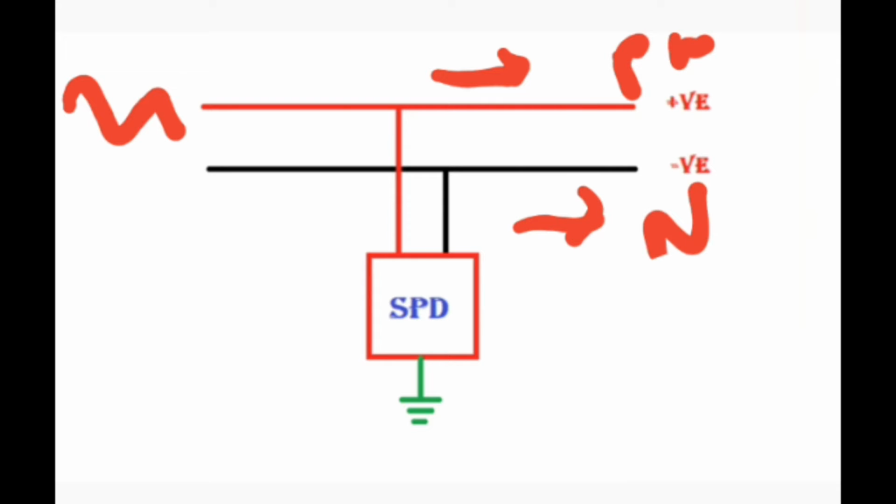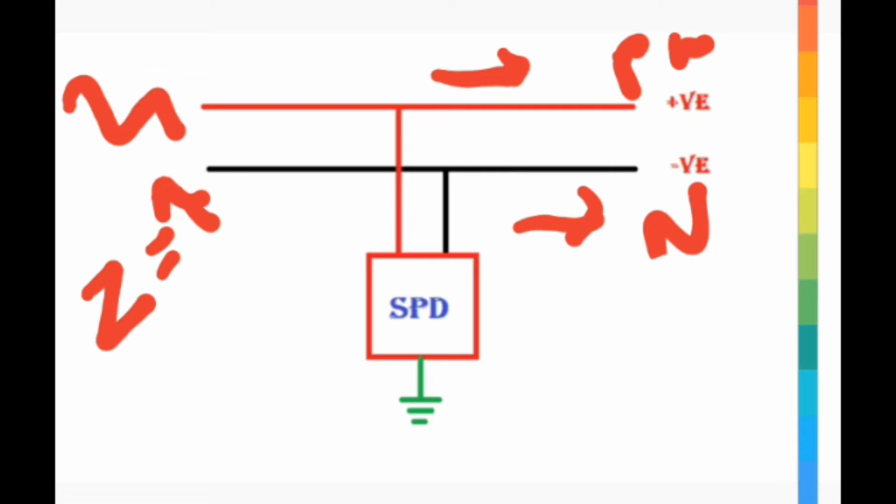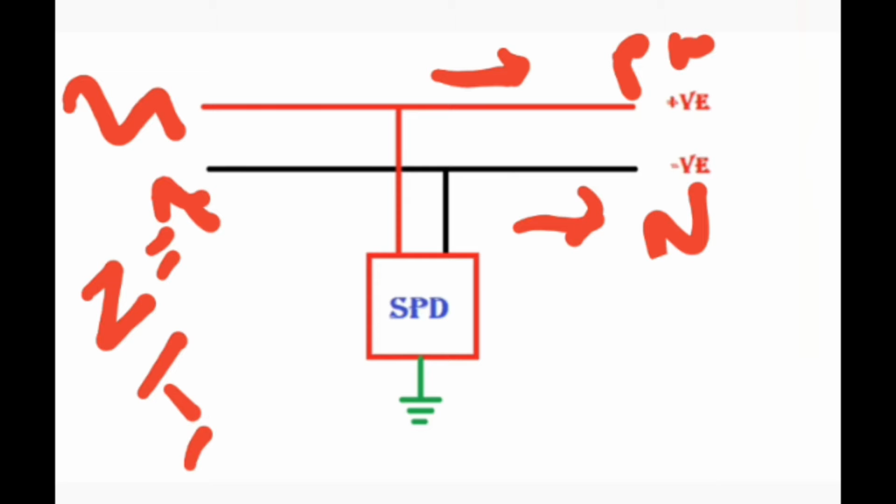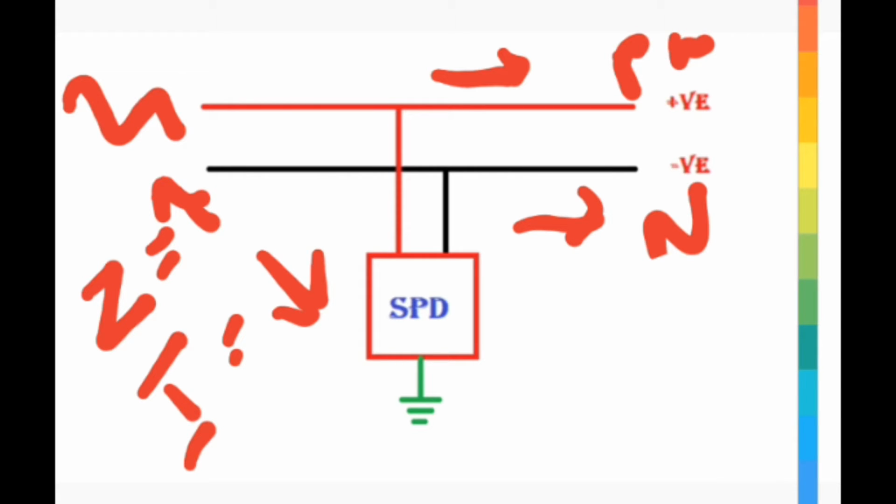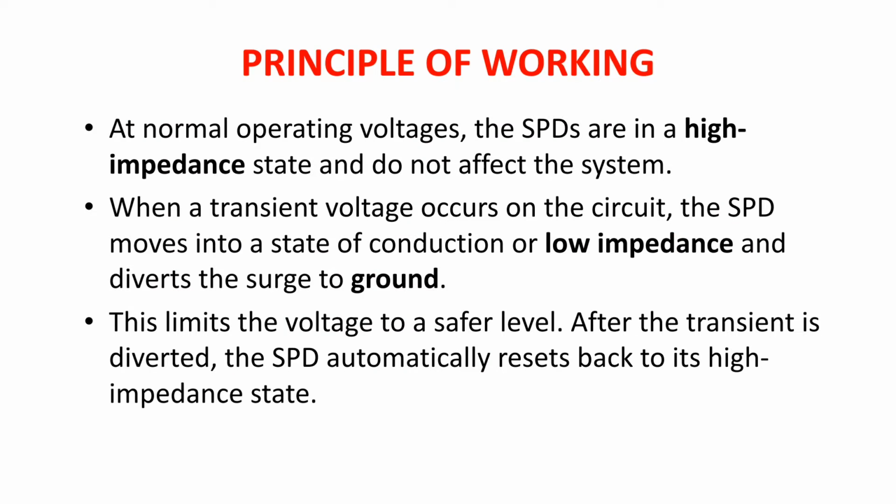And this second one is negative in DC and neutral in AC. So when all conditions are normal, there are no surges, then the impedance of the SPD will be very high, and the current through the SPD will be very low. It will not allow any current to pass through it. The connected SPD will not affect the electrical circuit.